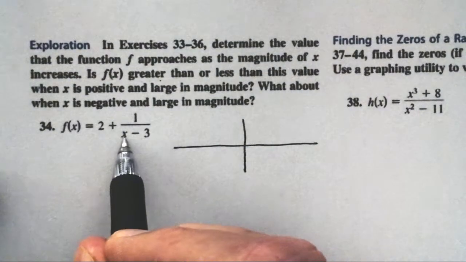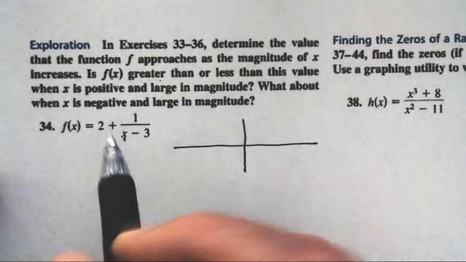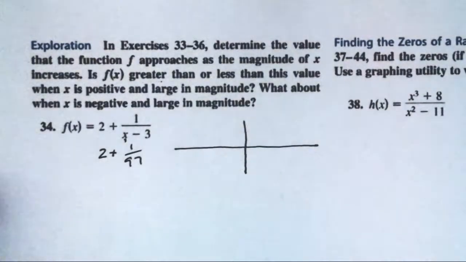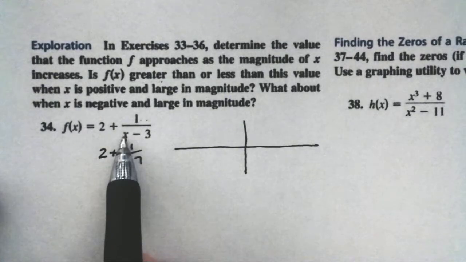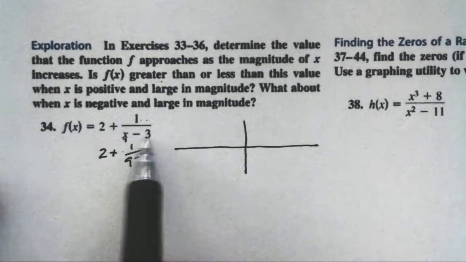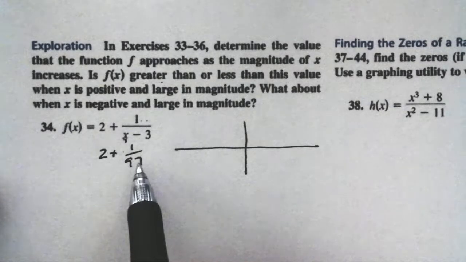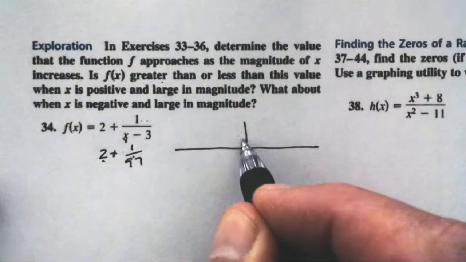As I put a big positive in here, like even just 100, I would get 2 plus 1 over 97. If I put 1,000, 2 plus 1 over 997. This value gets closer and closer to 0, but never gets there. So this is a little bit more than 0, plus 2, a little bit more than 2.